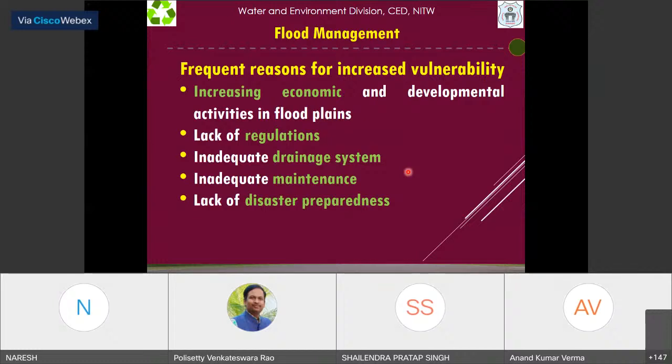Because of these circumstances, even though our water engineers predict the probability of flood in an area, even if they say that a particular zone is zone 3 or zone 4, as per Professor Umamahesh in the morning lecture, still the regulators are not listening to these predictions or the good work done by water resource engineers, and finally we end up taking up such economic and developmental activities in floodplains. So obviously it is not the mistake of nature, it is a mistake of human intervention, undertaking this type of developmental work in areas where it is not supposed to be.